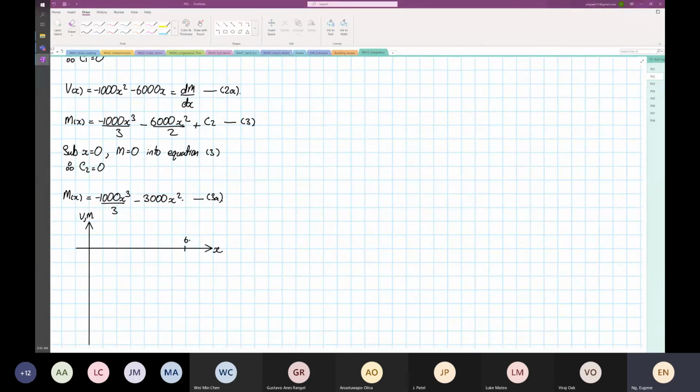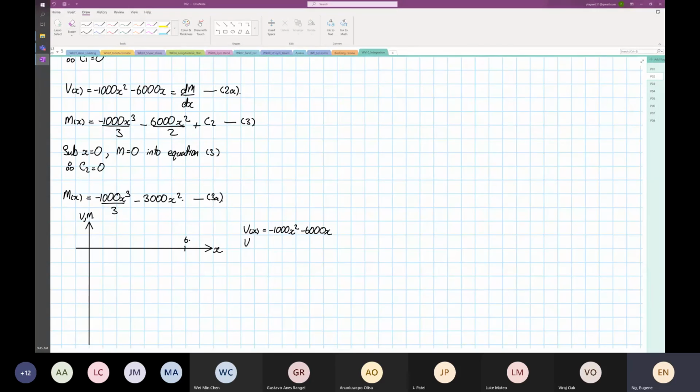If we're going to find the magnitude now, v as a function of x, we know that this is equal to minus 1000 x squared minus 6000 x.